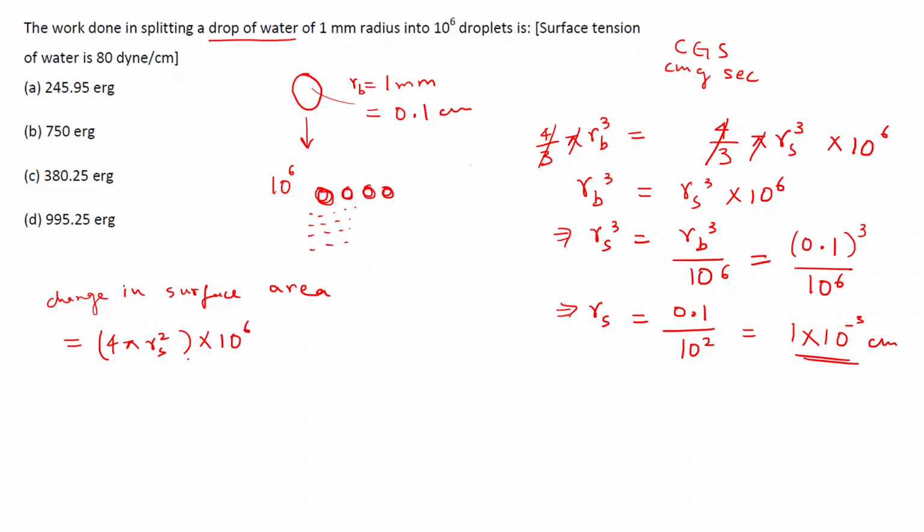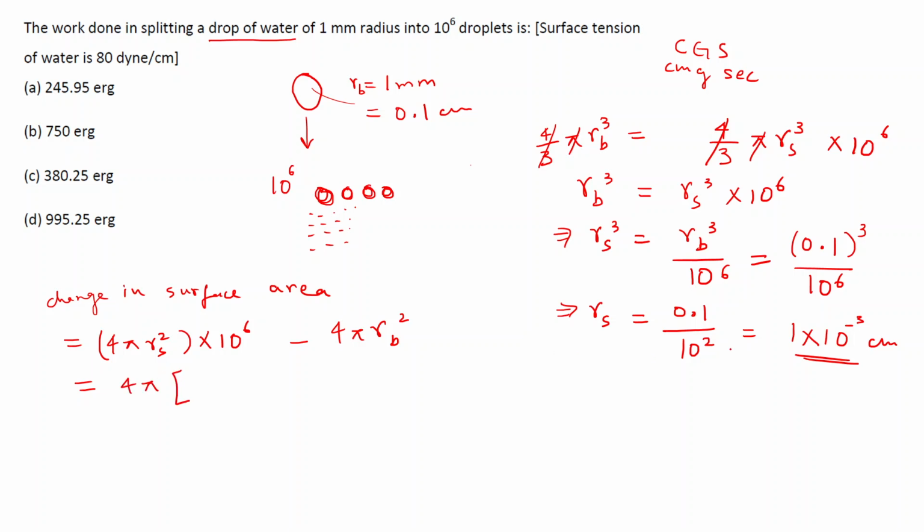So the total surface area will be this, minus the surface area of the big drop, 4 pi r square.